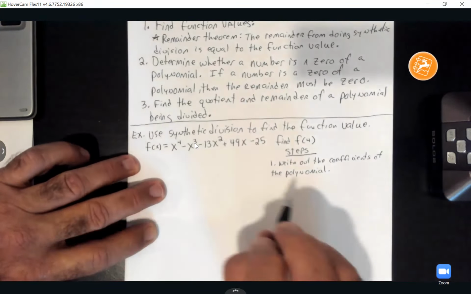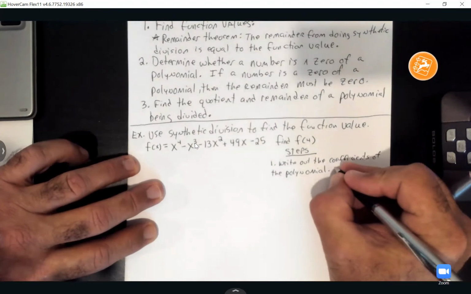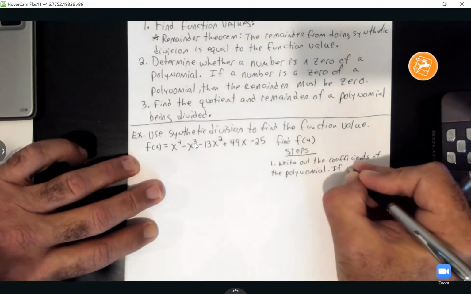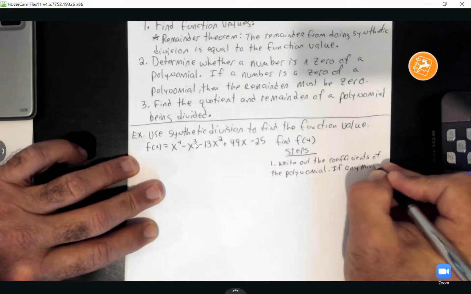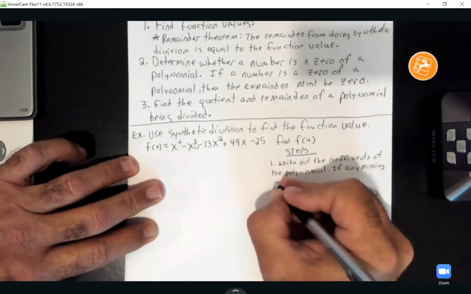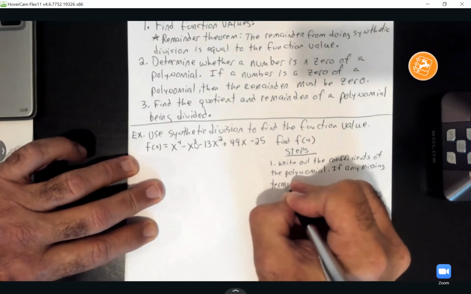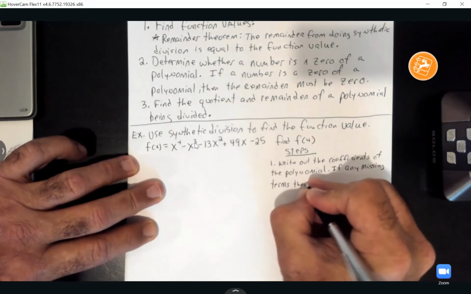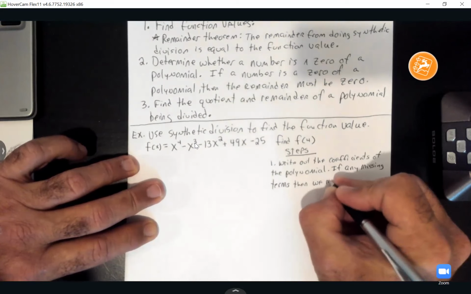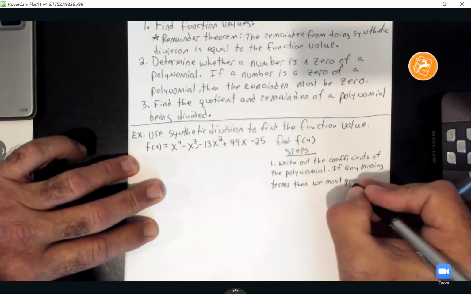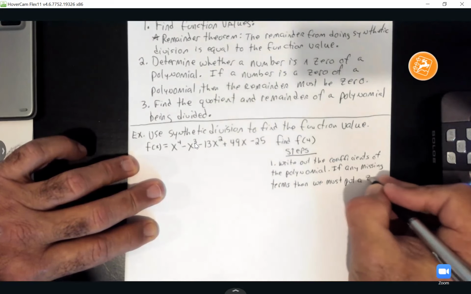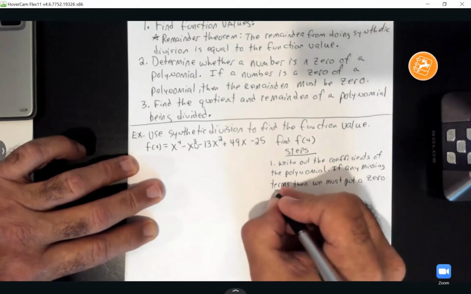Now, here's the thing on this part. If there's any missing terms, then we must put a 0 for that spot.